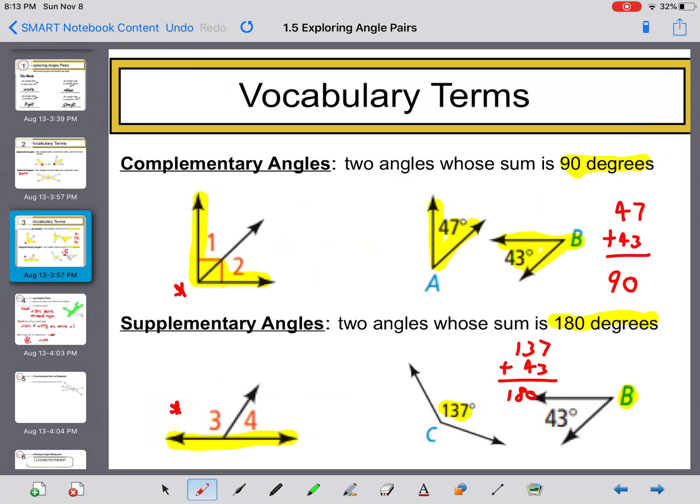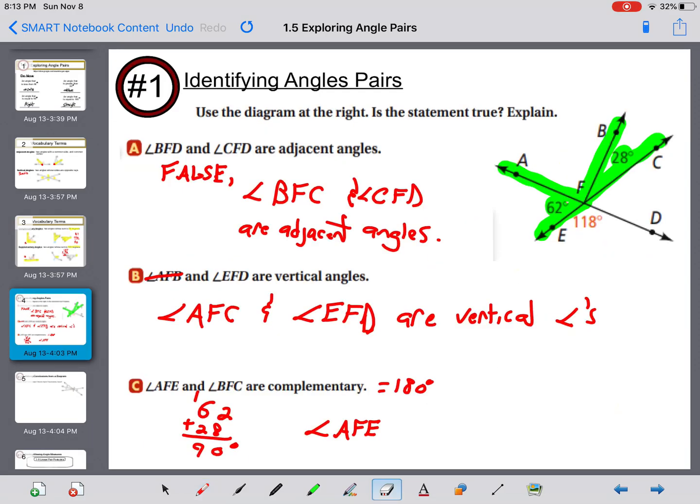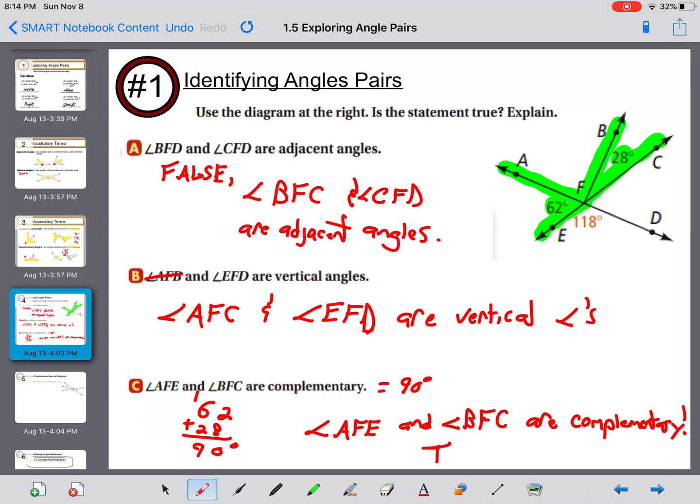Oh, wait a second. Complementary, 90 degrees. I wrote the wrong thing here. Are 90 degrees. AFE and BFC are complementary. So this is true.